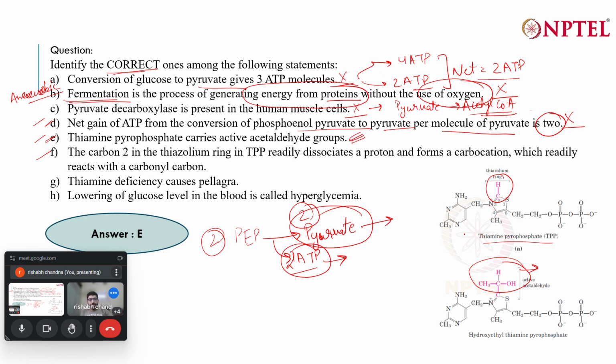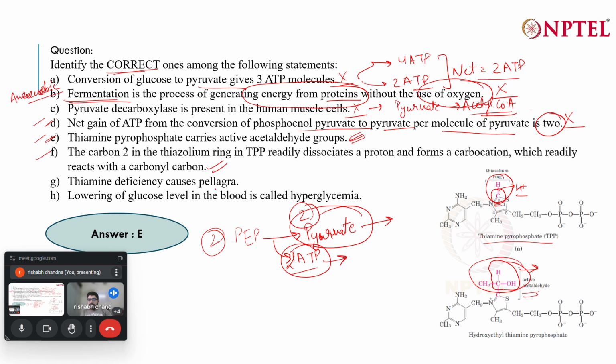Okay, so here the carbon is actually releasing the H plus. This is the second carbon that is actually attached to the active aldehyde, and then it is attached to the carbonyl group. Okay, so yes, this is a correct answer.